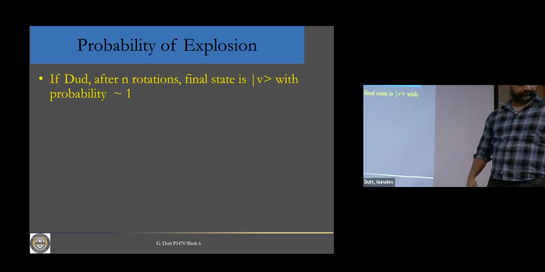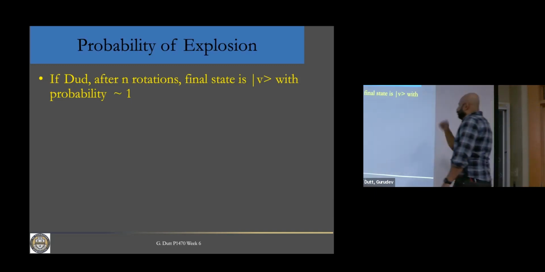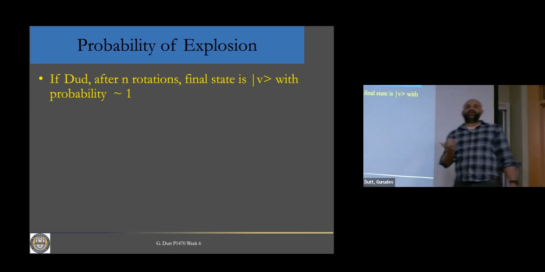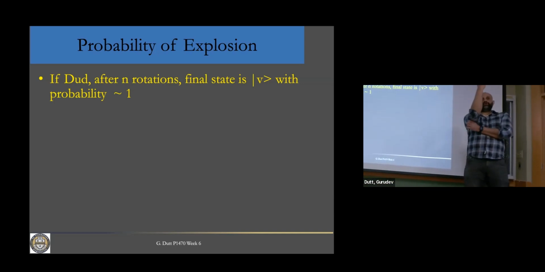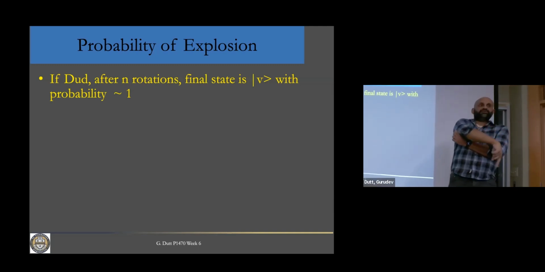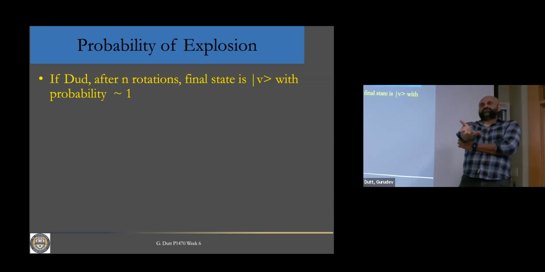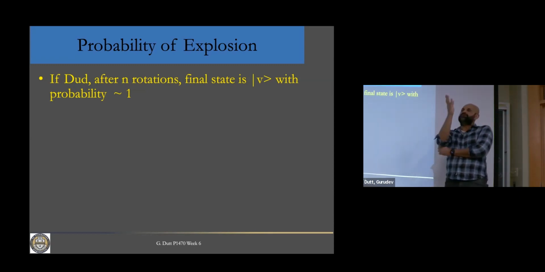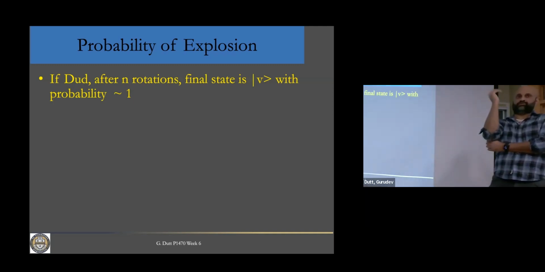Okay, so let's go through that. Well, if it's a dud, the state each time rotates by an amount epsilon over 2. Next time it rotates by another epsilon over 2. So now the total angle is epsilon. Then 3 epsilon over 2, etc. After n times, it is basically n times epsilon, where the rotation is by an angle epsilon, not epsilon over 2, because that's how the gate was constructed.